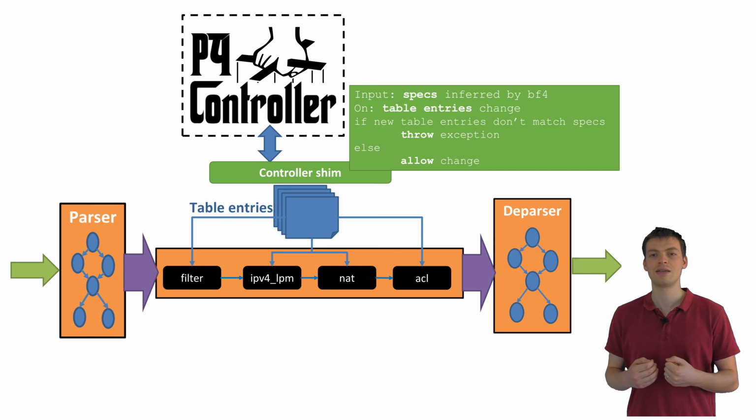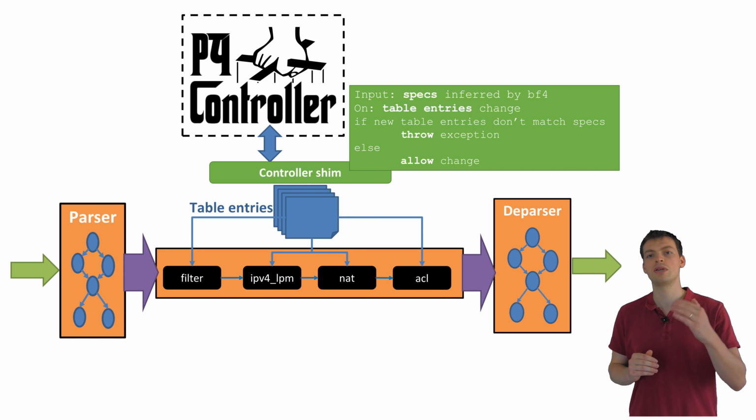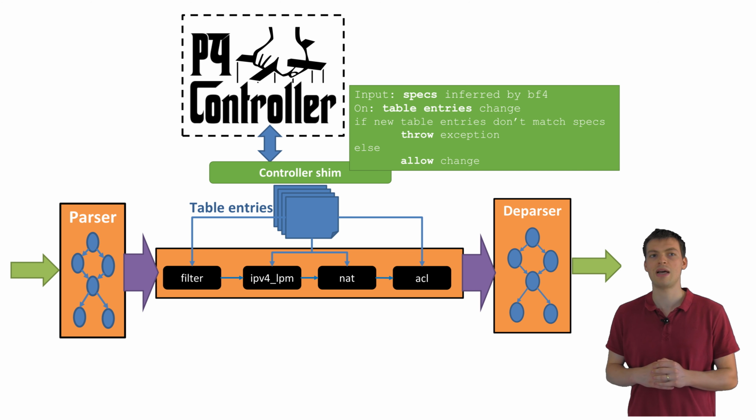It then checks to see whether the specs inferred by bf4 work against the resulting table entries. If they match, then the change is allowed to go through. Otherwise, an exception is thrown and the controller must handle it. What makes it work is the fact that the specs inferred by bf4 are small enough to be efficiently checked at runtime.